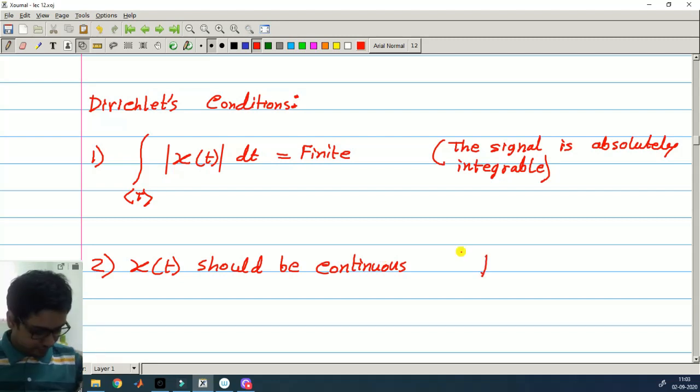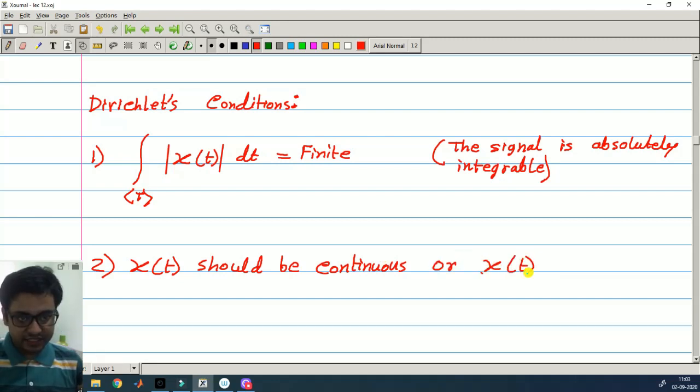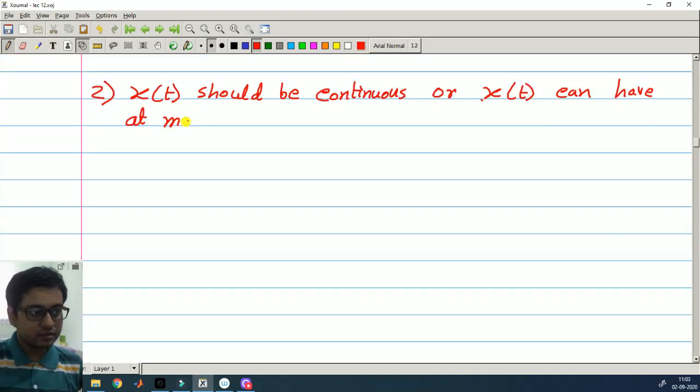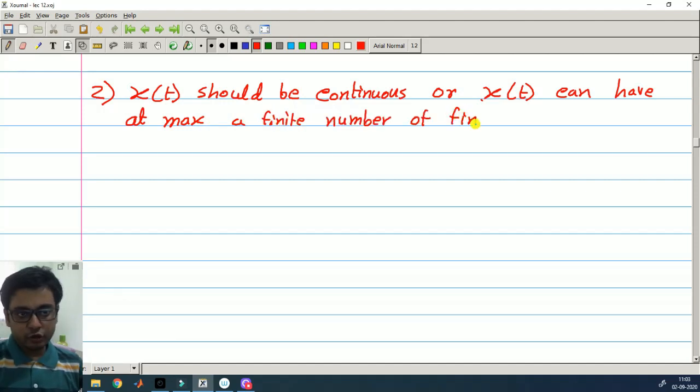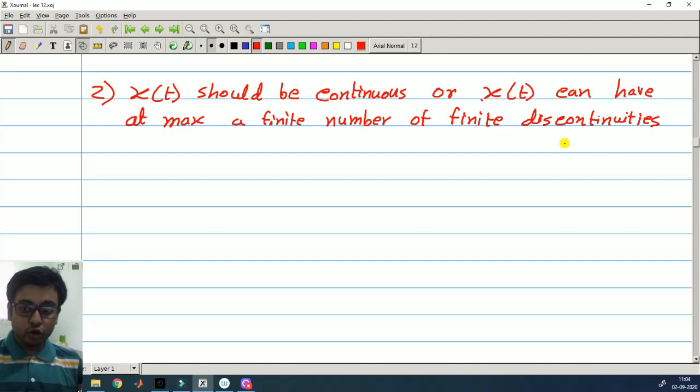So we say x(t) can have at most a finite number of finite discontinuities or jumps. So no infinite jump is allowed, and an infinite number of jumps is also not allowed within one cycle.